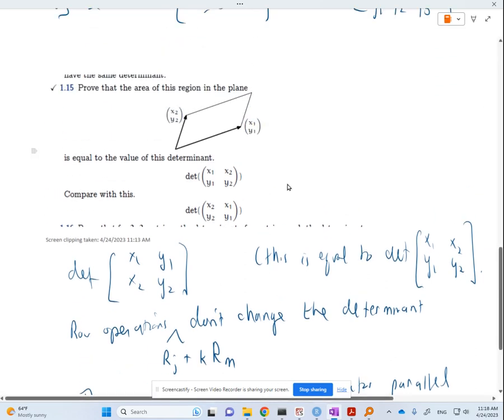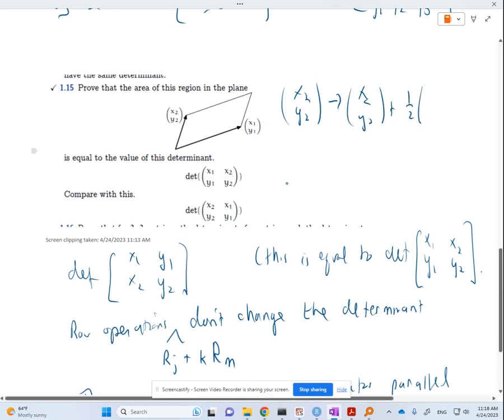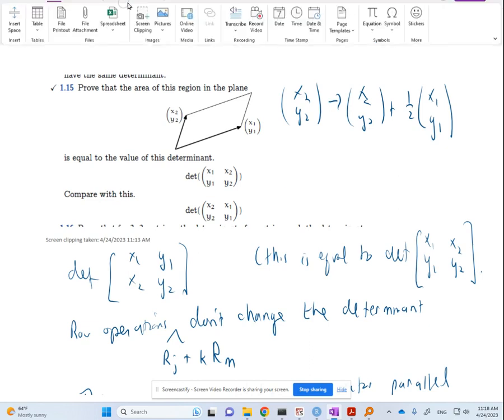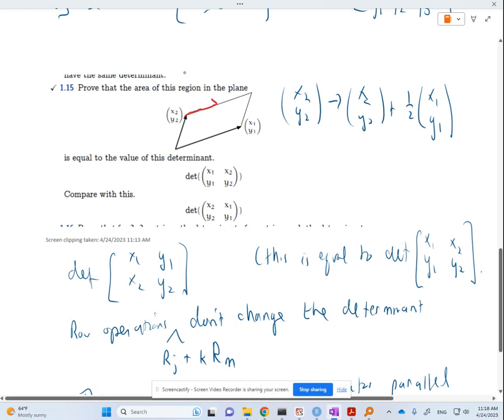Suppose I took x2, y2, and I take that to x2, y2, plus, let's just say, 1/2 times x1, y1. Okay. What's that going to do? Well, I take x2, y2, then I add 1/2 times x1, y1. Let's do a different color so it's more clear. 1/2 times x1, y1 would be here. Okay. And then here I've simply slid along this line here.